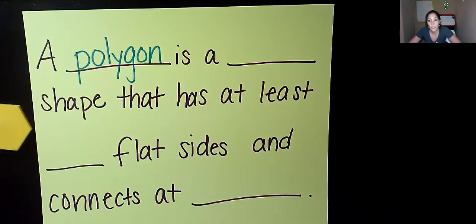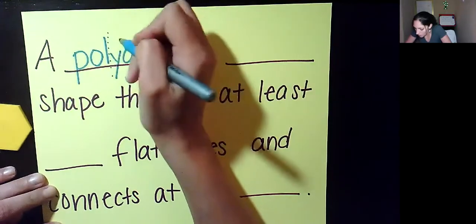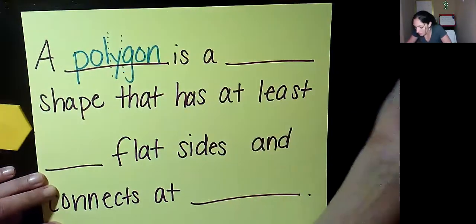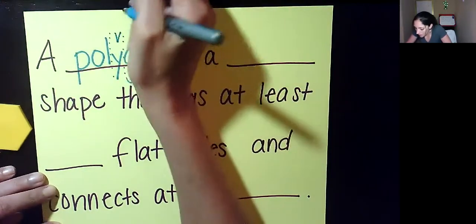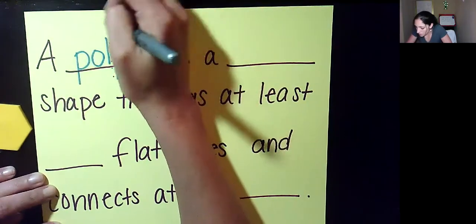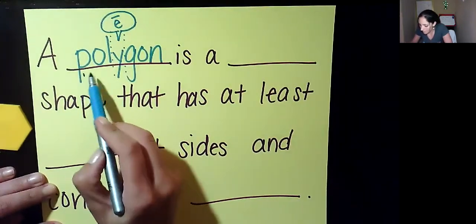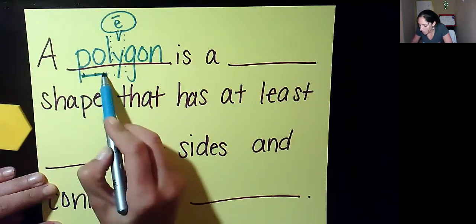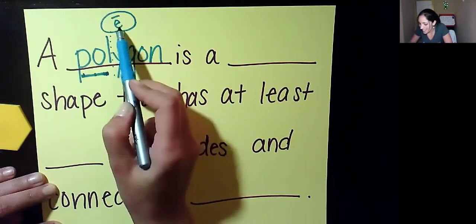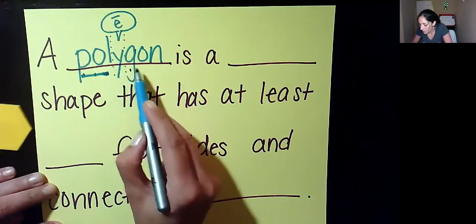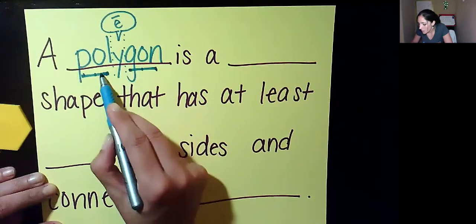So this is a 3-syllable word. I'm going to show you where the syllables are going to break. 1, 2, and 3. And this is a super sneaky Y who stole the sound from long E for this word. So read the first syllable. Pol, super sneaky Y, E, last syllable, g-o-n, gon.